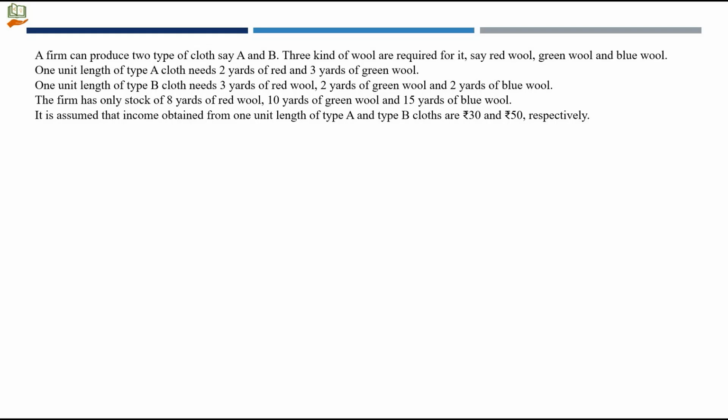The firm has only stock of 8 yards of red wool, 10 yards of green wool and 15 yards of blue wool. It is assumed that income obtained from 1 unit length of type A and type B cloths are rupees 30 and rupees 50 respectively. Now we will put a table and then fill all the necessary details.